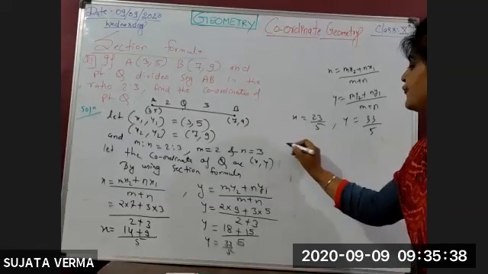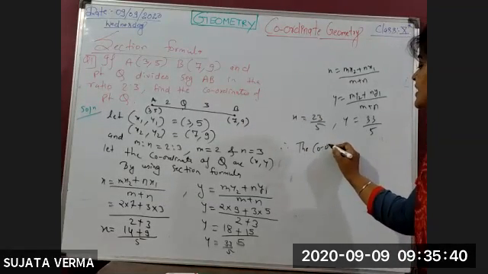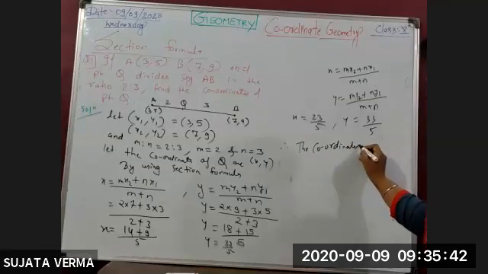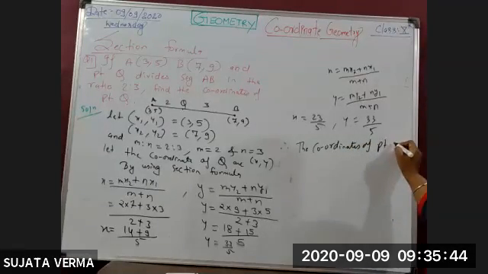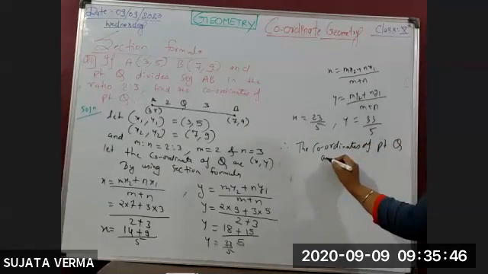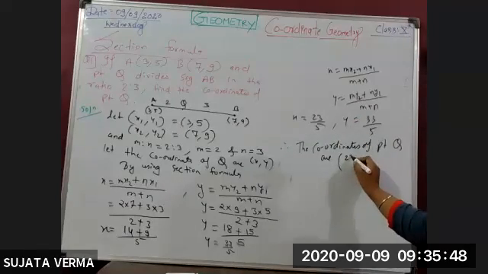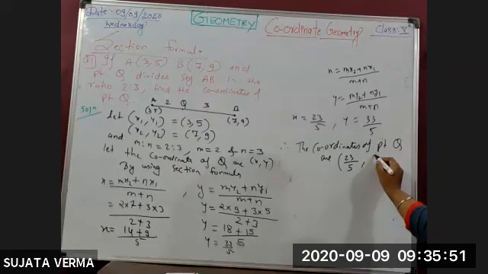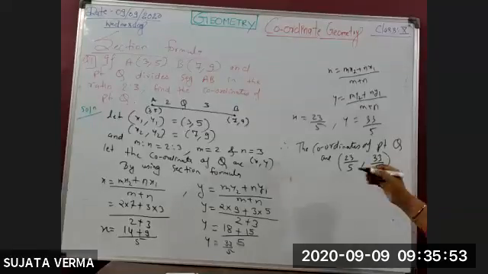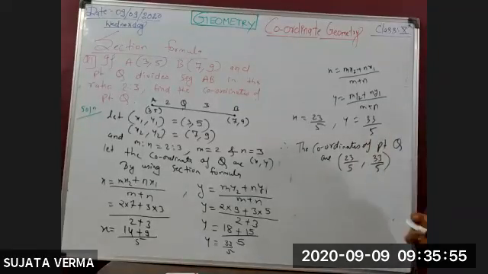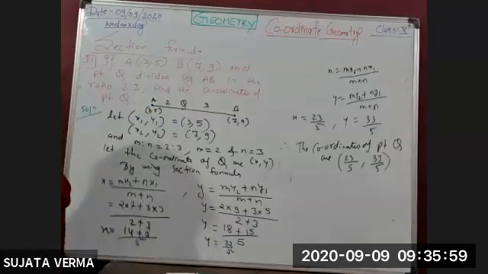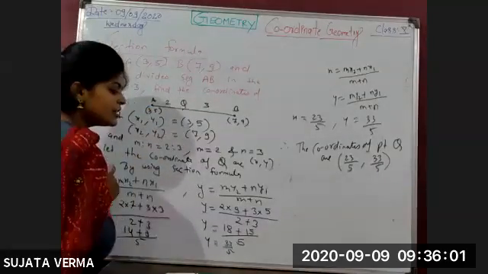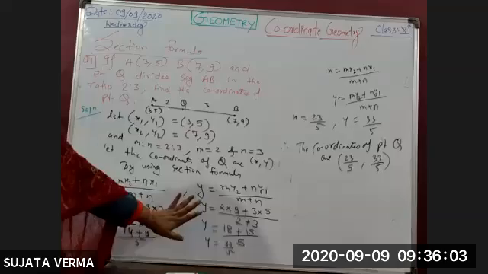Therefore, the coordinates of point Q are 23 by 5 and 33 by 5. Here only the ratio and the coordinates change. You can use only this formula, that is the section formula.